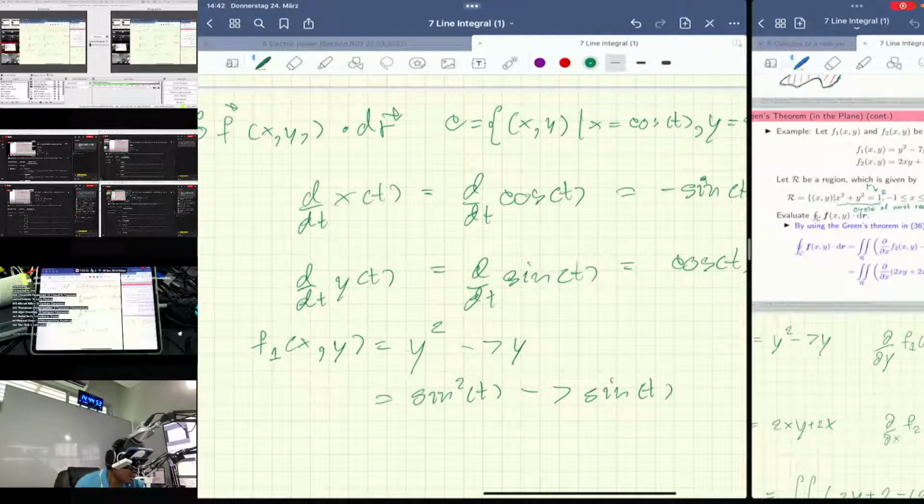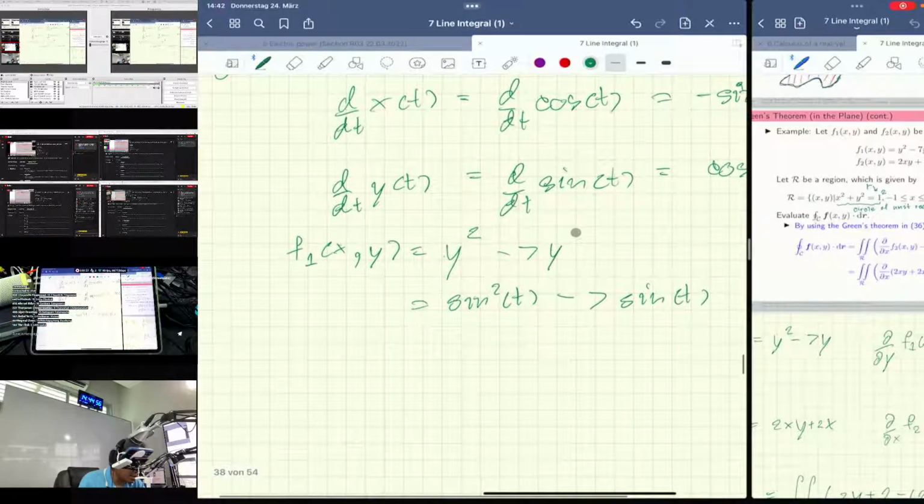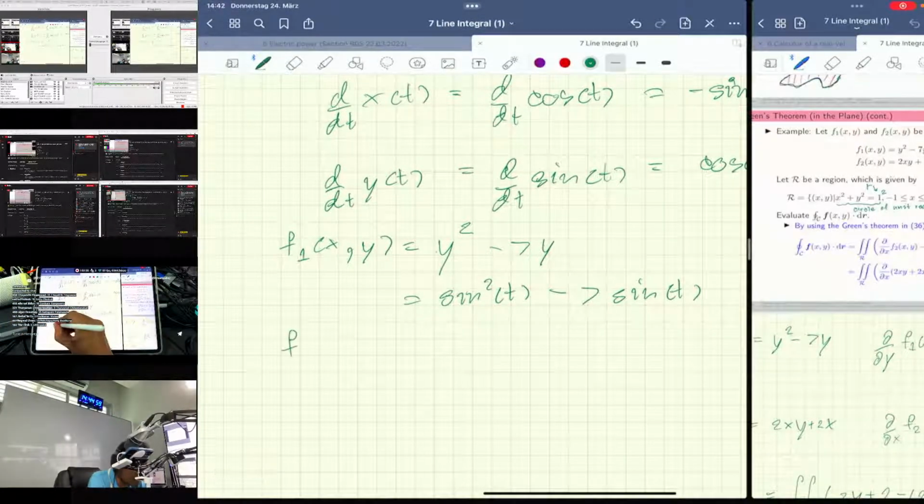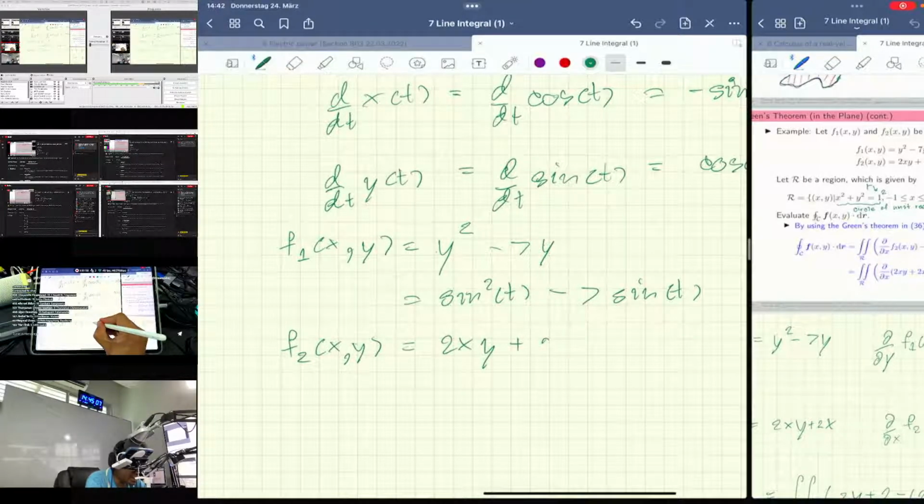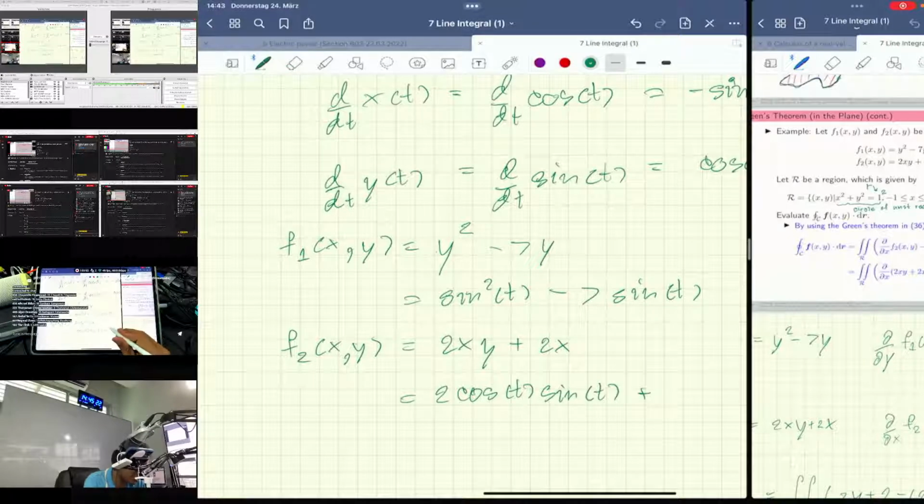That's y, right? y is sine t. And f2, which is 2xy plus 2x. Once you substitute x as cosine t and y as sine t, you're going to see that it's 2 cosine t sine t plus 2 cosine t.